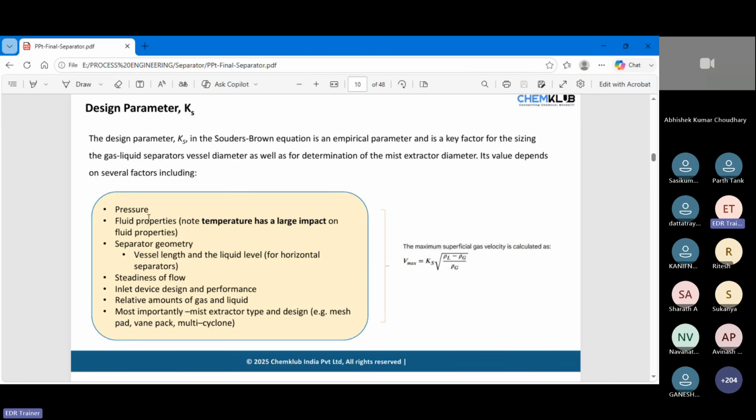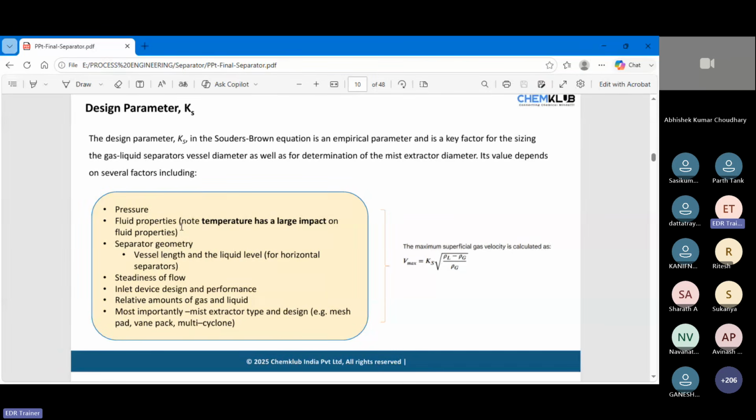Pressure is the governing factor for the density, equal to PM by RT. So when pressure increases, density increases. According to the density, the gas velocity also changes, since velocity is inversely proportional to gas density. So according to that, we need to decide what the pressure will be.